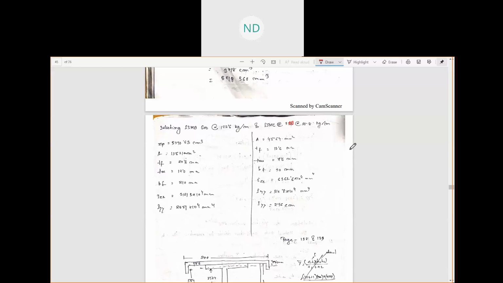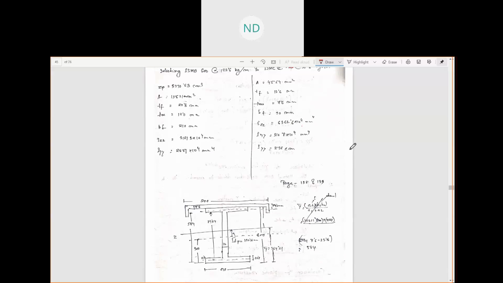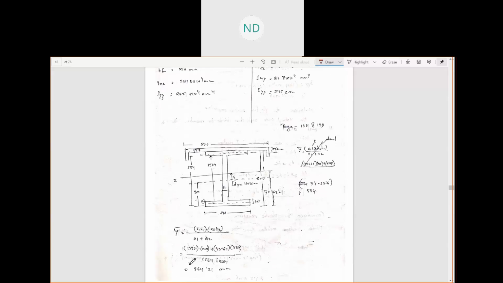Did we do this, the neutral axis part? Did we do the neutral axis? The CG of the combined member, this combined gantry girder with an I section and a channel section. How did we?